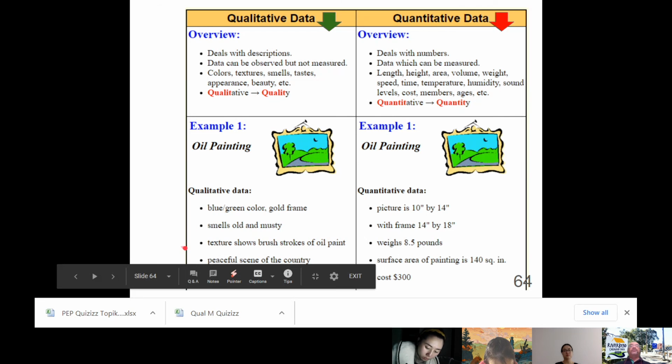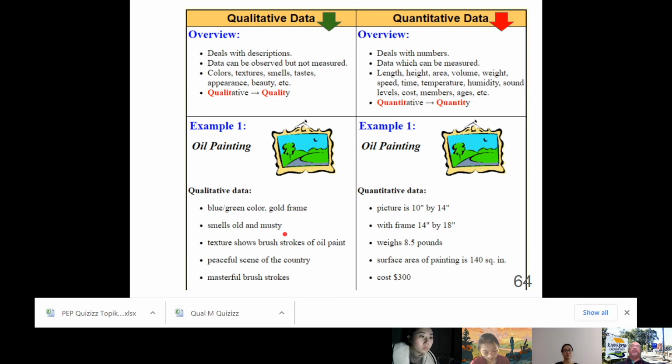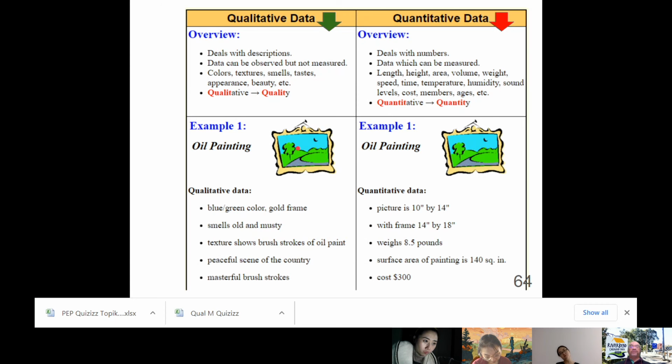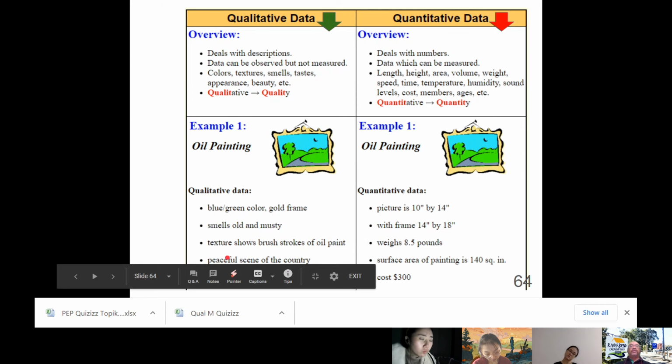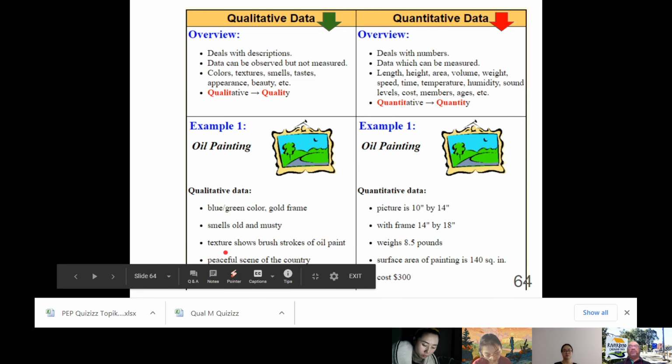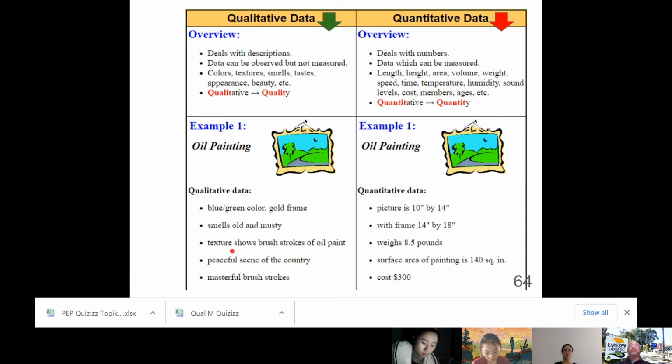Finding number 2, it smells old and musty. It looks like an old thing, so the smell is a bit different. Number 3, texture shows brush strokes of oil paint. So you can see the way the painter paints the picture. And then when you see the picture, you feel the peacefulness, the tranquility.